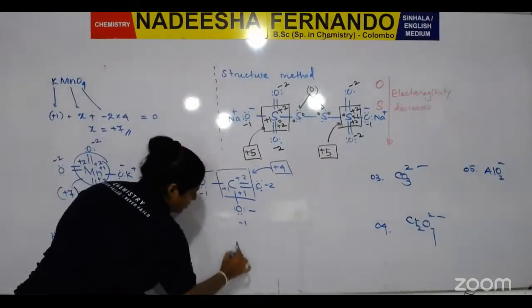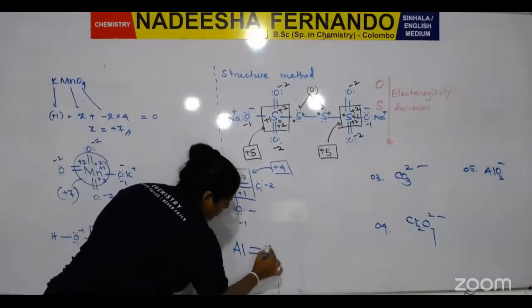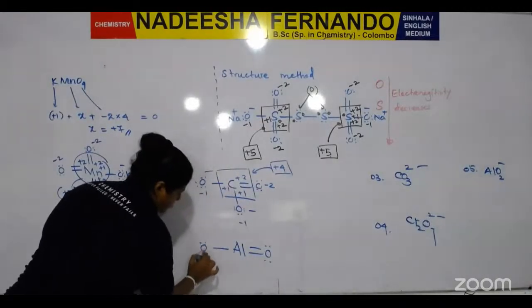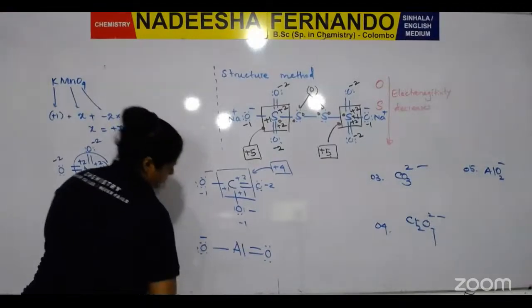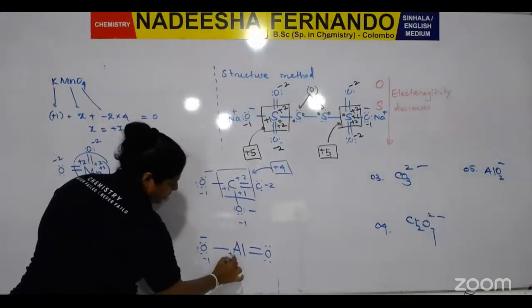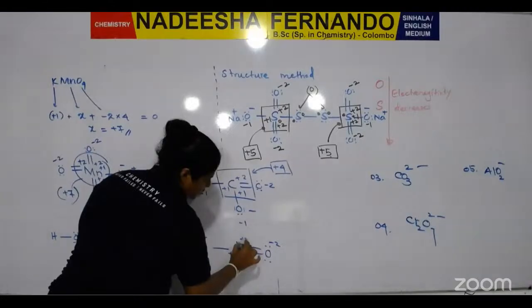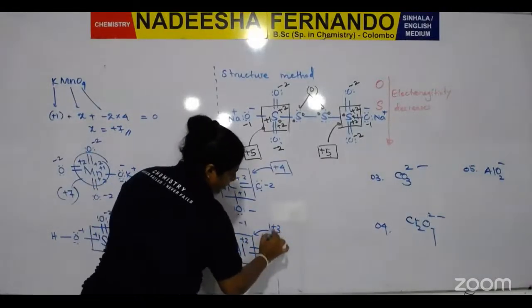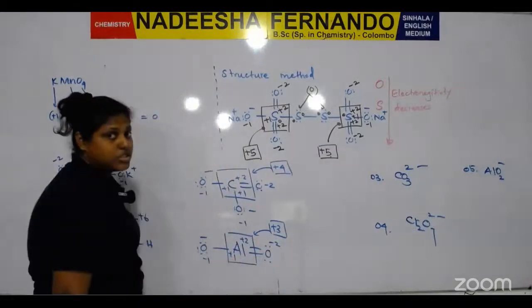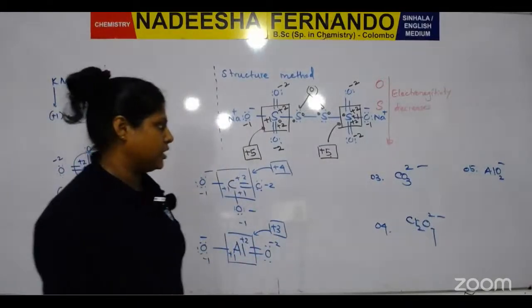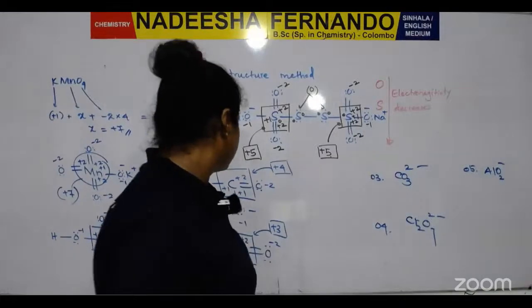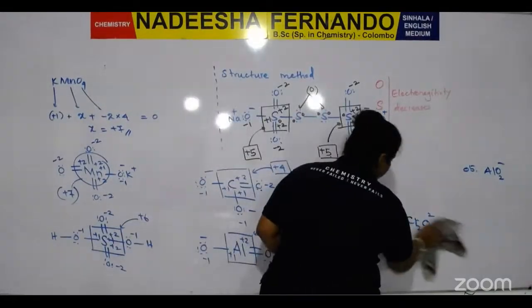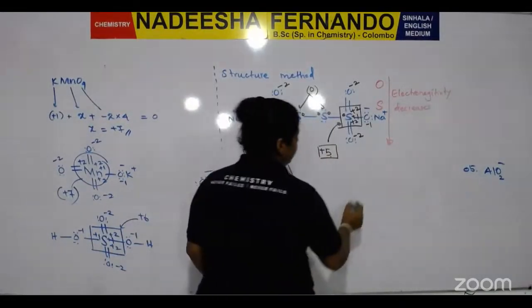Aluminate. Here, aluminate. Minus 1 plus 1, minus 2 plus 2. Here, the oxidation state is plus 3. Aluminium should have plus 3 because it belongs to the third group. And finally, dichromate, it has two central atoms.